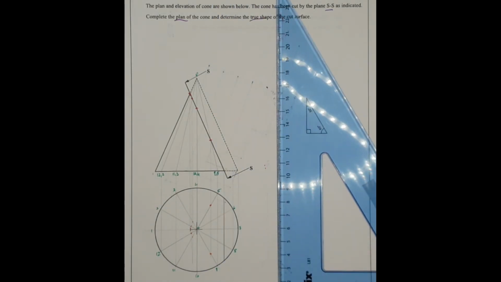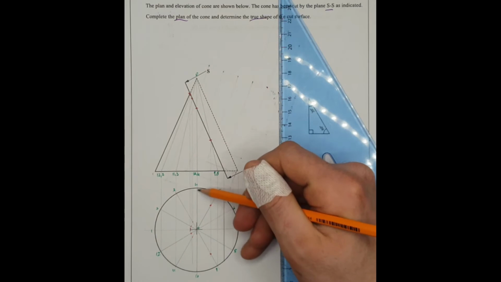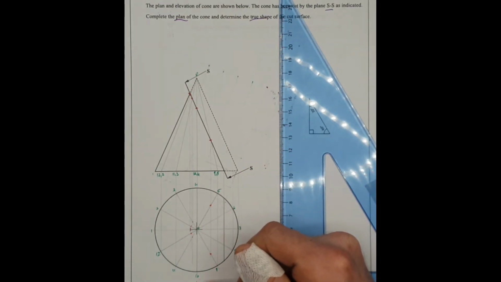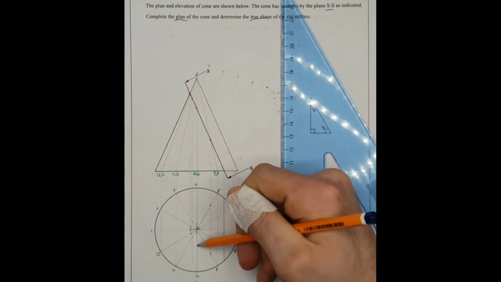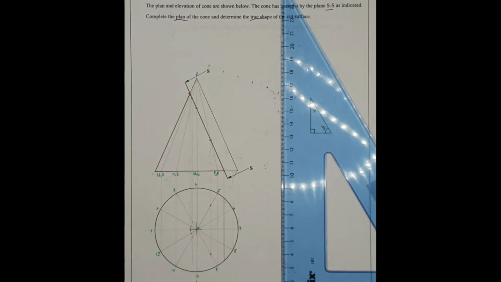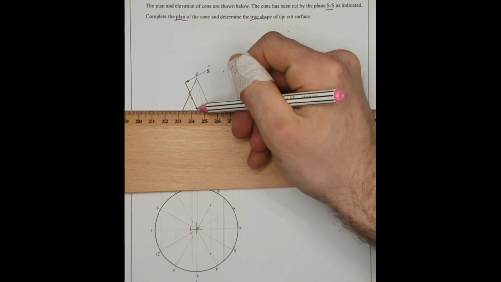Now, next job. Numbers 10 and 4 lie here. I look up along and I see them in elevation, but I can't see how far out they are from the apex. So what I'm going to do is this. I'm going to create a section cut. I'm going to cut horizontally through the object at that point.